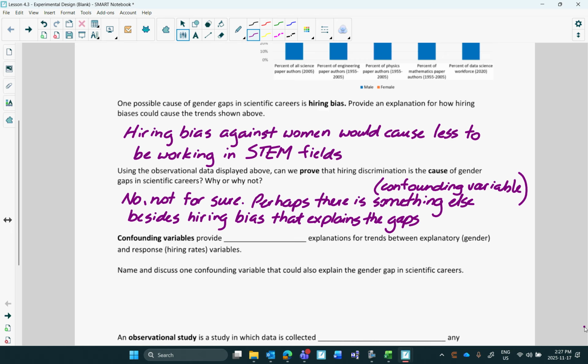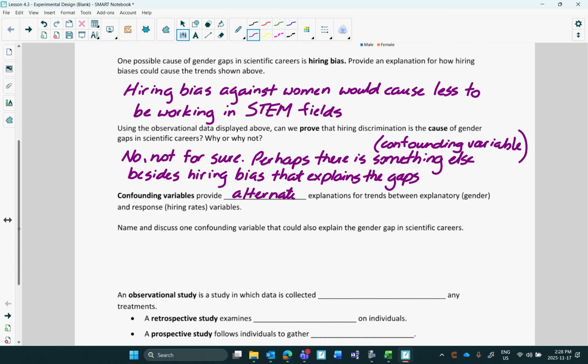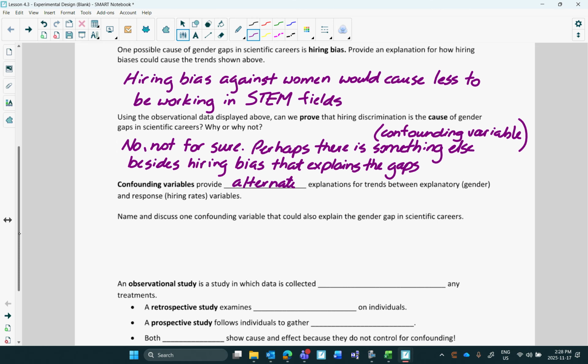Confounding variables provide alternate explanations for the relationship between some explanatory variable and some response variable. In this case, gender is the explanatory variable, and the response is hiring rates. Perhaps something else is at play here. Can you think of a confounding variable besides just hiring bias?